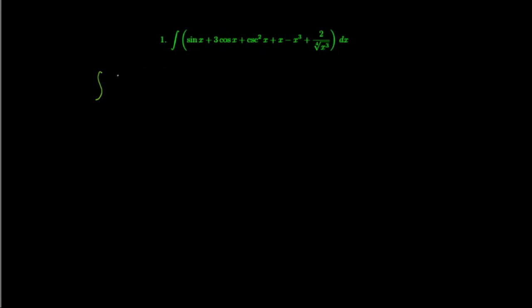We evaluate the indefinite integral. The numerator is 1, and the denominator is the fourth root of x cubed. And by the way, the question is probably one of the questions on one of your final exams. I'm just going to use some questions to review some basic stuff.